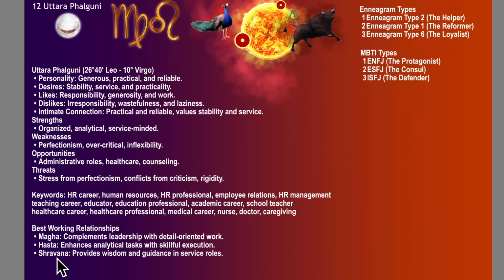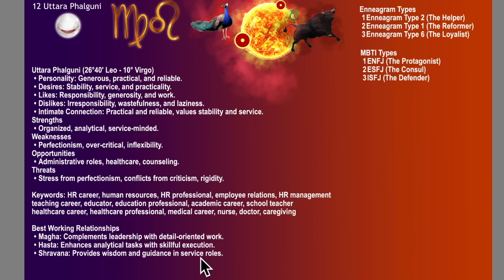Shravana Nakshatra, which is the moon nakshatra of Capricorn, provides wisdom and guidance in service roles, because it's essentially a service-oriented job, which Uttara Phalguni is more keen on. We are highlighting this more from the career perspective.